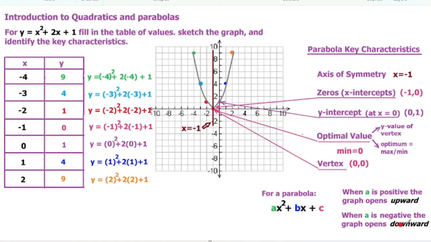When a is negative, the graph opens downward. So here, for this parabola, our a value is actually just 1. It's positive. So that means it opens upward. So we could see it is opening upward. And that's it. That's your crash course on parabolas.